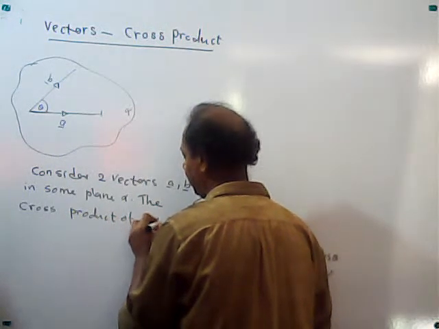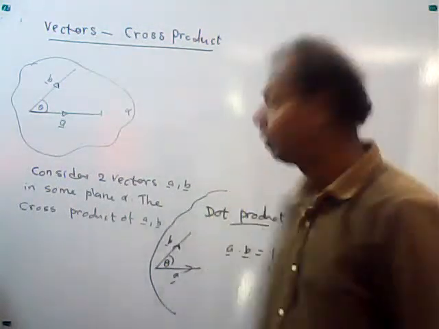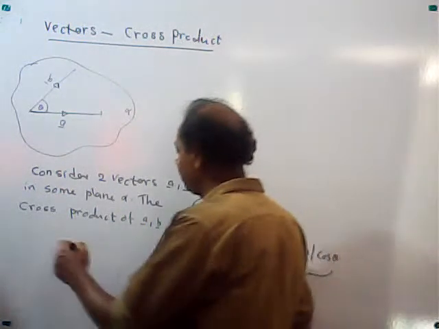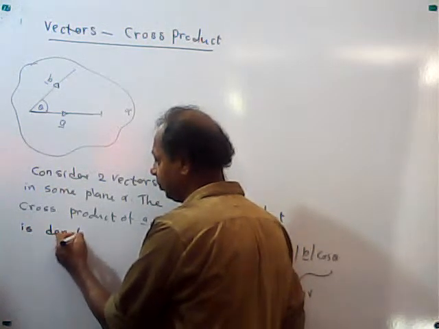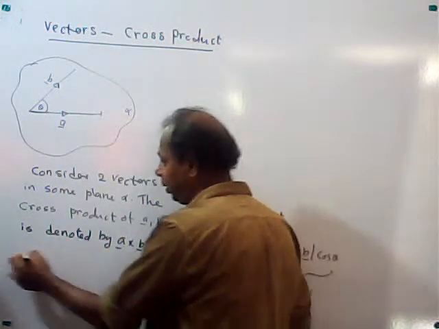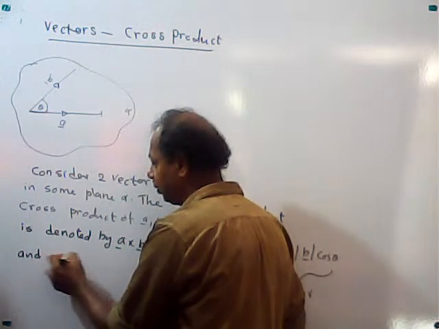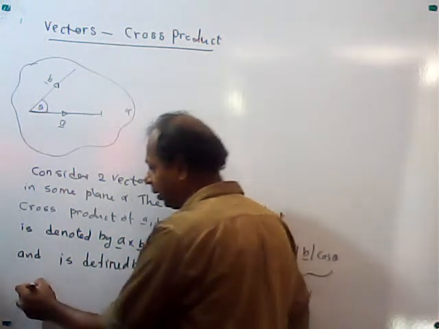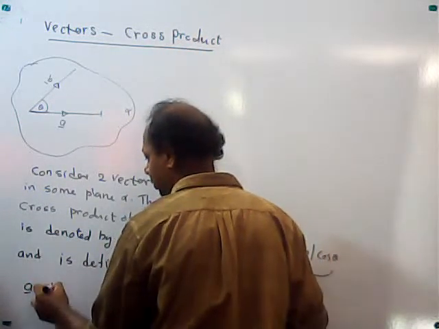The cross product of A comma B is denoted by A cross B. The dot product is denoted by A dot B, right? The cross product is denoted by A cross B, and is defined by this definition.